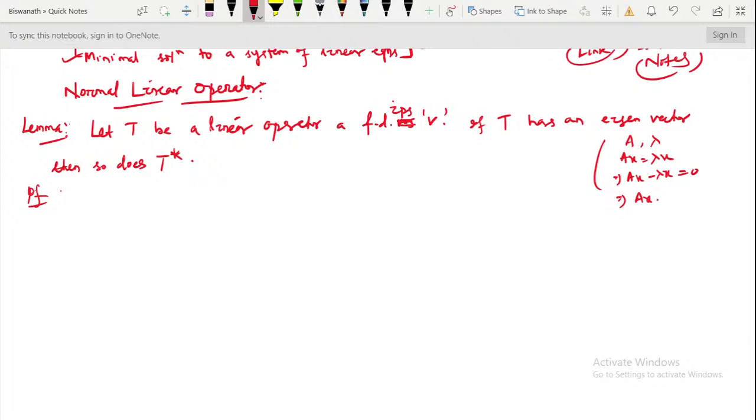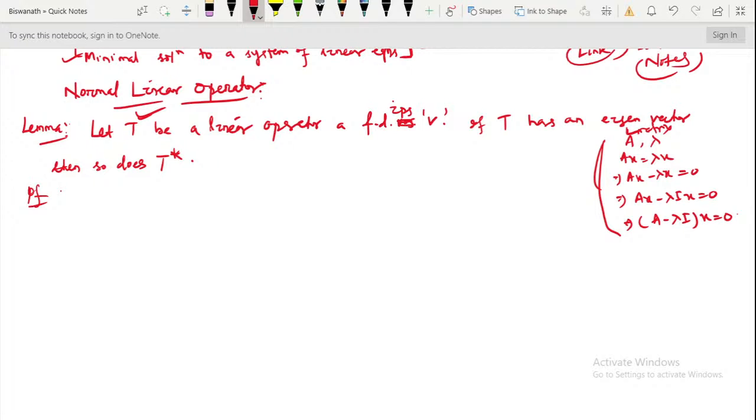This implies A minus lambda I of x equals 0. Similar things also hold for a linear operator or transformation T; in place of A, I can replace it by T. We already know this for a matrix, and a similar thing holds for a linear operator.